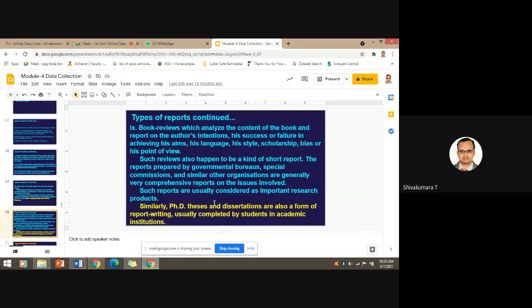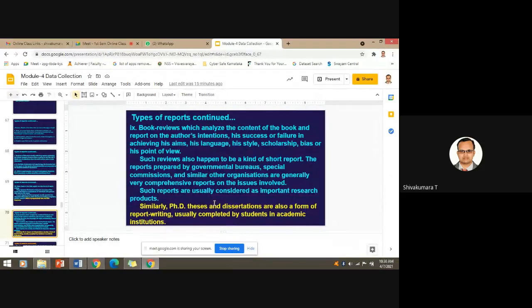Government officials also use report formats. Such research is usually considered an important research product. Similarly, the research scholar's PhD thesis and dissertations are also a form of report writing, usually completed by students in academic institutions.